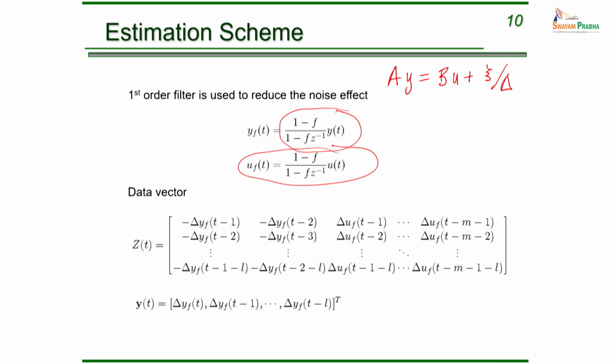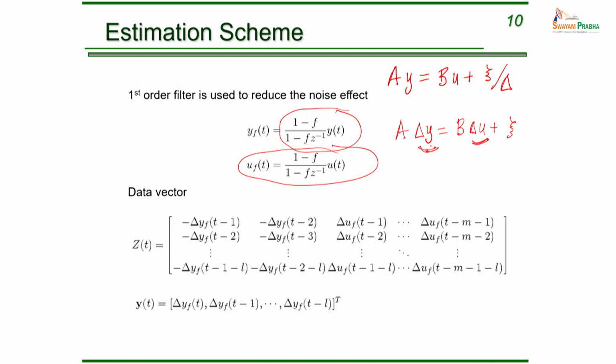If we multiply throughout by delta, we get A delta y equals B delta u plus C. So our inputs and outputs are now delta u and delta y.